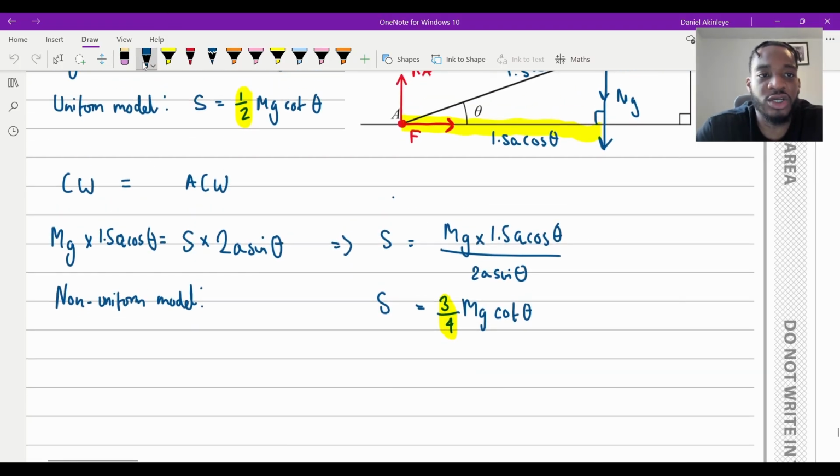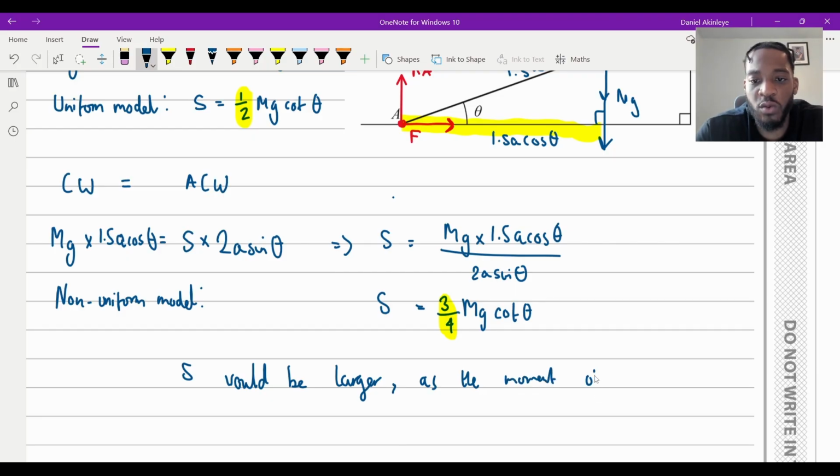So what you could just say here, just for the 1 mark, is S would be larger as the moment of the weight about A would increase. And that will give you the 1 mark.